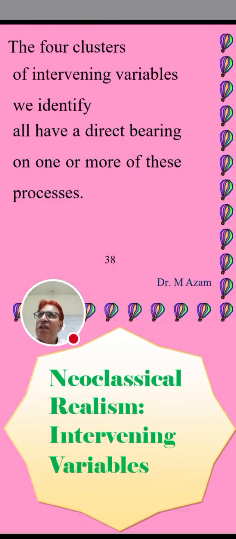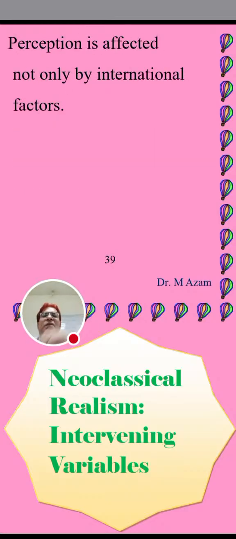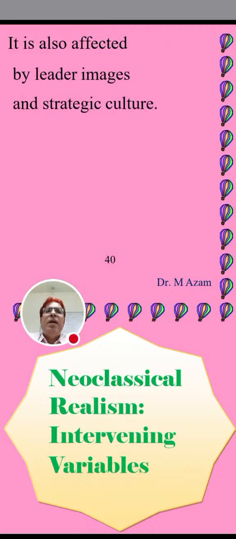These are the three processes. So these intervening variables directly influence these three processes. They influence perceptions, they influence decision making, and they influence policy implementation. Perception is affected not only by international factors, it is also affected by leader images and strategic culture.